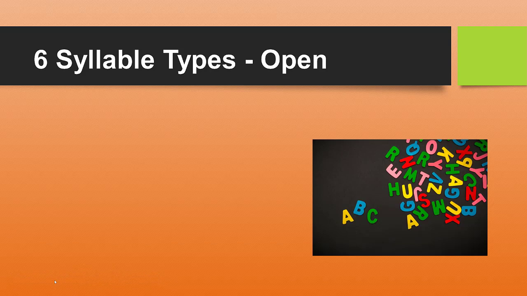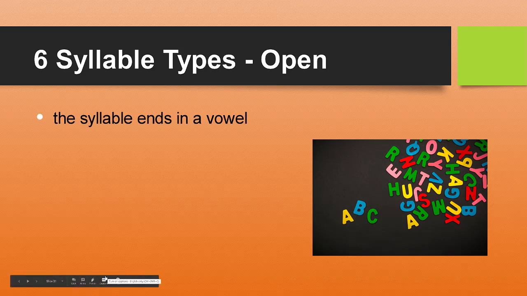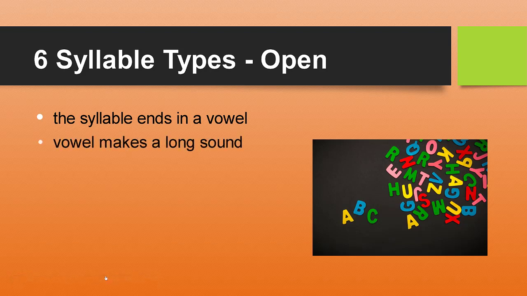The next syllable type is open. So in an open syllable, the following criteria must be met. The syllable ends in a vowel. The vowel sound makes a long sound. So let's look at these examples.